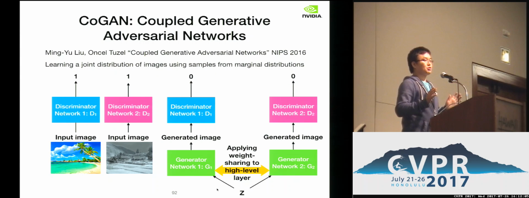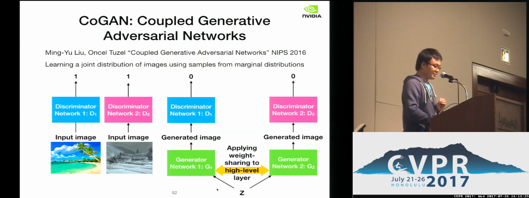So through this weight sharing constraint, it naturally encourages them to generate the same stuff. And this is possible because we can use the same high-level code to describe images of different modality of the same thing. Yeah, so this is the key idea. And for detail, please refer to the paper.